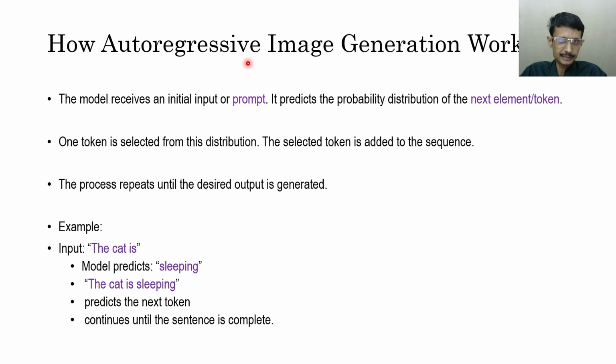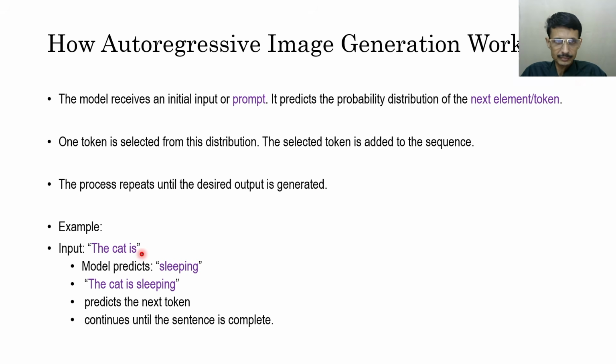Now, how does it work? The model receives an initial input or prompt, and it predicts the probability distribution of the next element or token. That is the basic idea. One token is selected from its distribution. The selected token is added to the sequence. The process repeats until the desired output is reached.